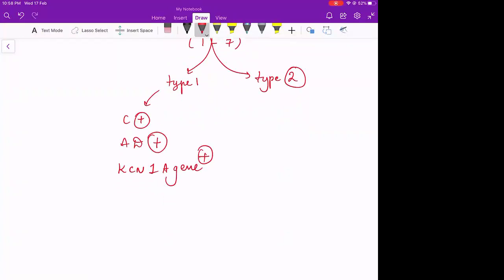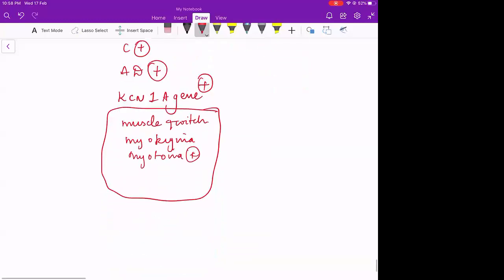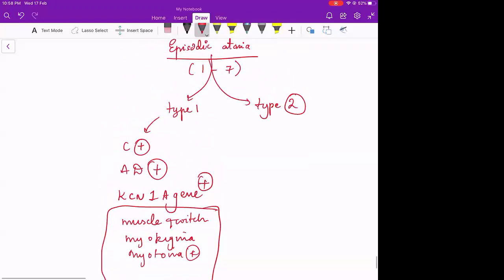And the patient will have muscle twitching particularly. With all these, the patient will have muscle twitching, myokymia, myotonia. So this cerebellar disorder is episodic.